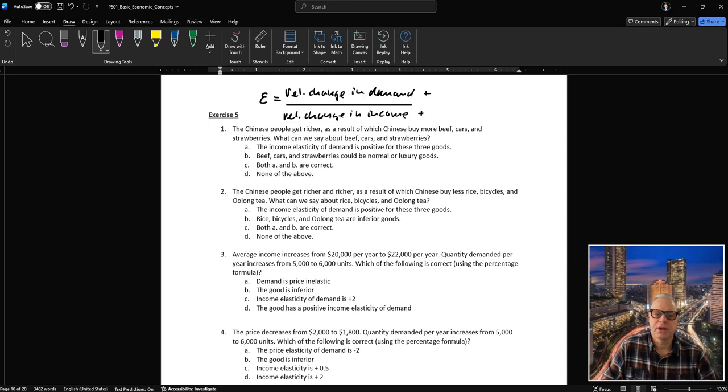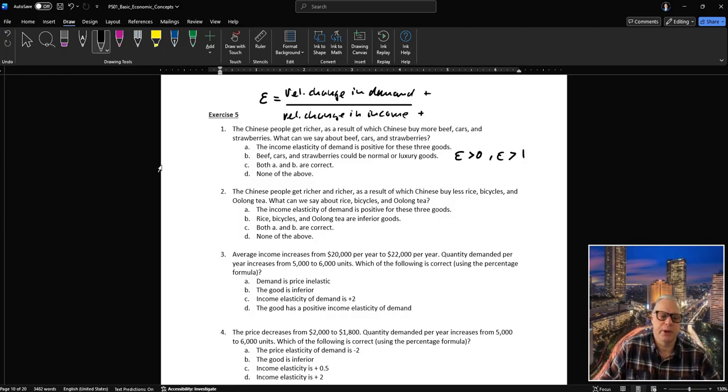And beef, cars and strawberries could be normal or luxury goods, and we often define normal goods with an income elasticity of demand of greater than 0, and luxury goods often when the income elasticity is greater than 1.